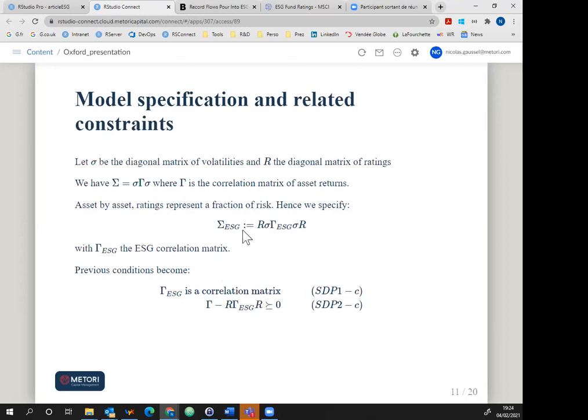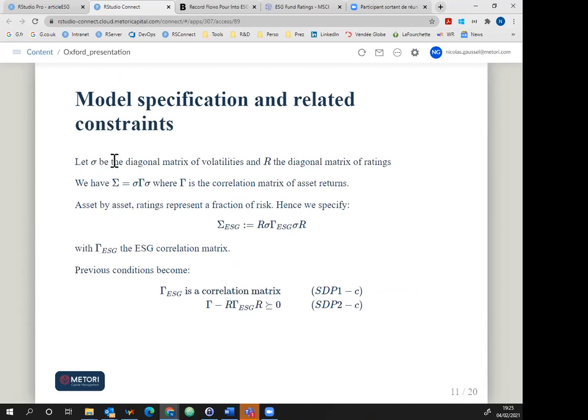If you move forward, we say that we are happy with our view of the total risk, and that the volatility is well-defined, well-observable, and we're happy with it. So we want to find the covariance matrix.